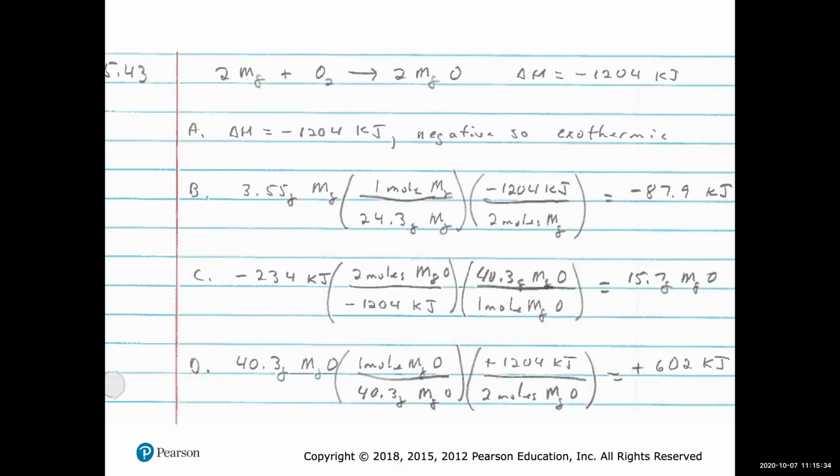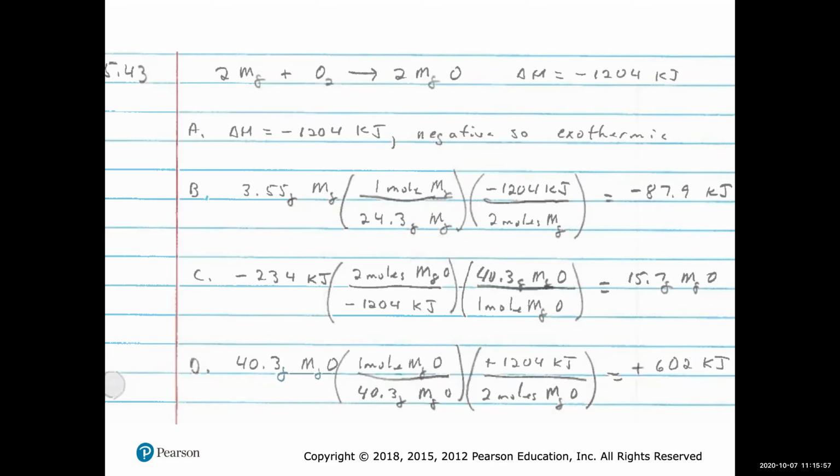The delta H value for this reaction is minus 1204 kilojoules. Is that exo or endo? It's exo because it's releasing heat to the environment, so it's negative from the system. It's a negative delta H, and by definition, if it's negative, it's exothermic. It's giving off the energy, giving off the heat.